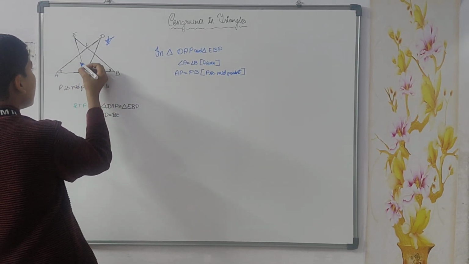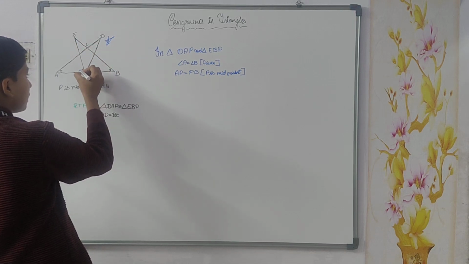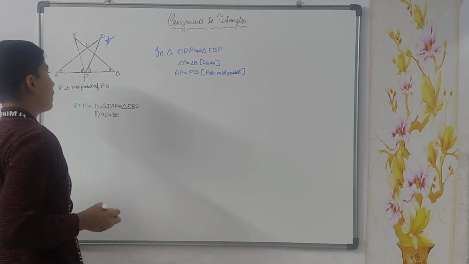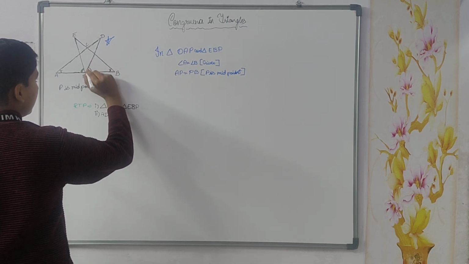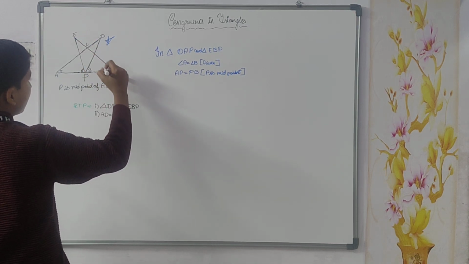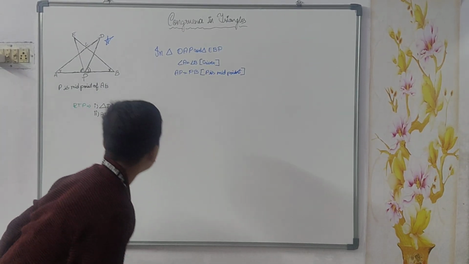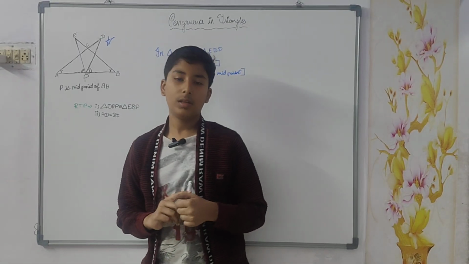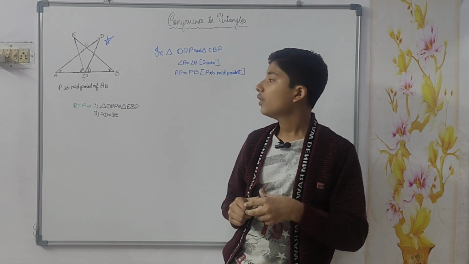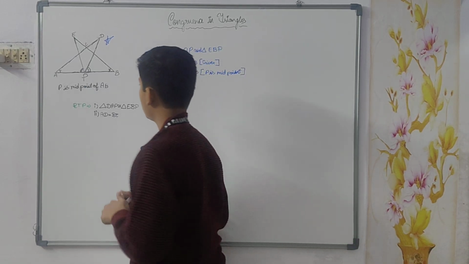Now you see, this angle is not coming in this triangle, neither in this triangle. And this one is coming in this triangle, but not in this bigger triangle which we had taken. So if we add equal to equal, the result will be equal. As I told you, it is the same as the previous question.